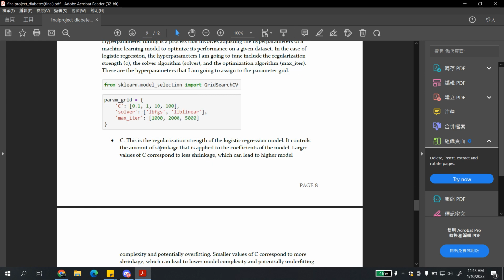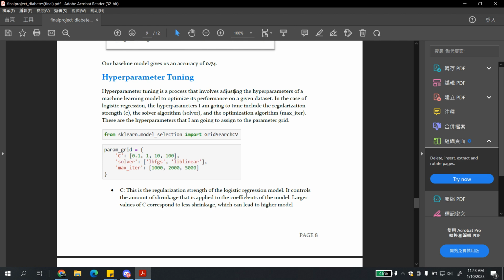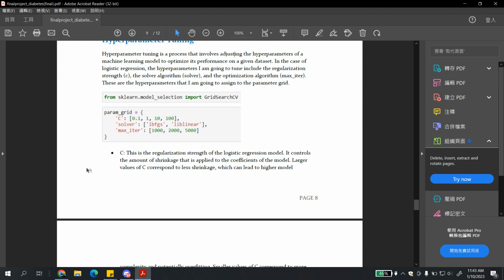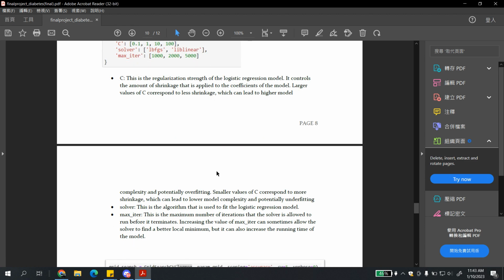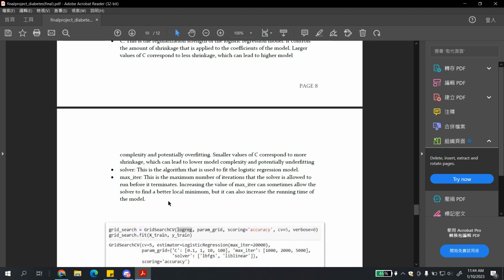C, the regularization strength, controls the amount of shrinkage, and basically it reduces the chance of overfitting. Actually no, because there's more shrinkage, there's more potential for overfitting.